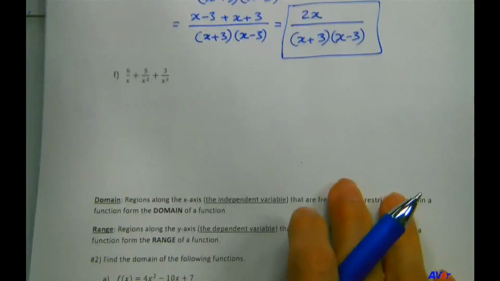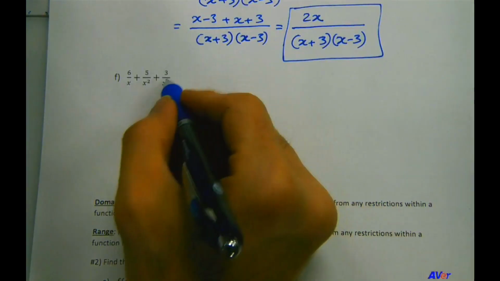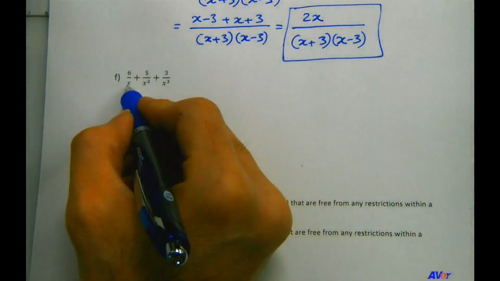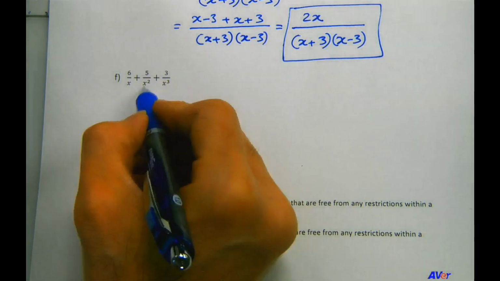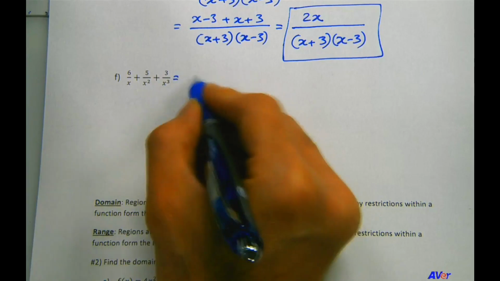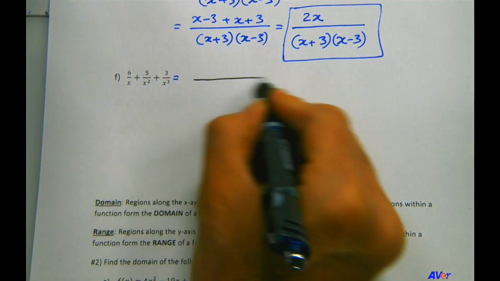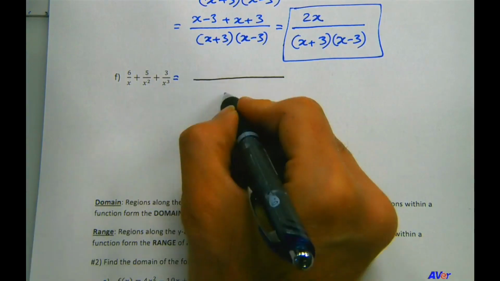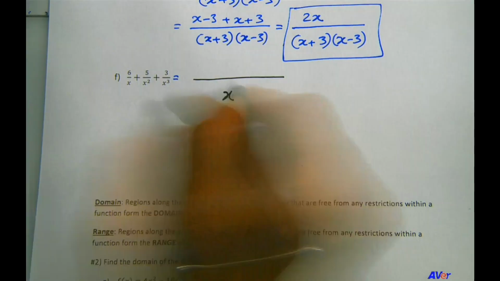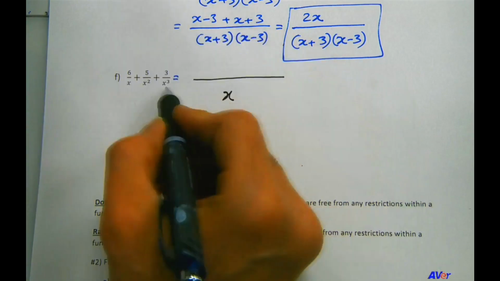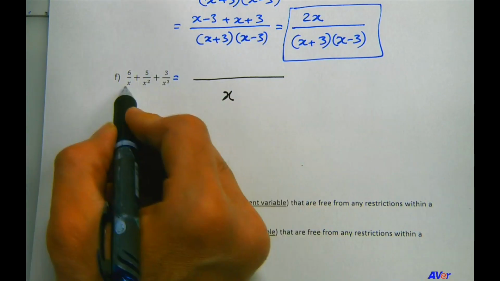Let's see this one. So you have the denominator all powers of x, right? So for the common denominator, you will take the term that has most number of x as part of its factors. So this one has only 1x.